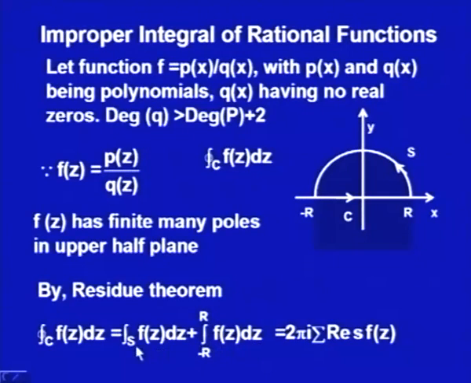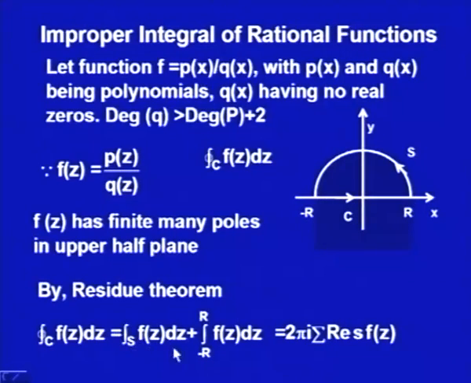And now, what remains to show is that this improper integral equals this minus the integral along the contour S of f(z) dz, where S is nothing but the half circle or semicircle.